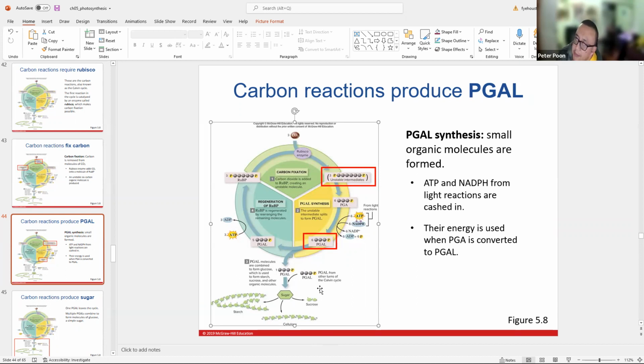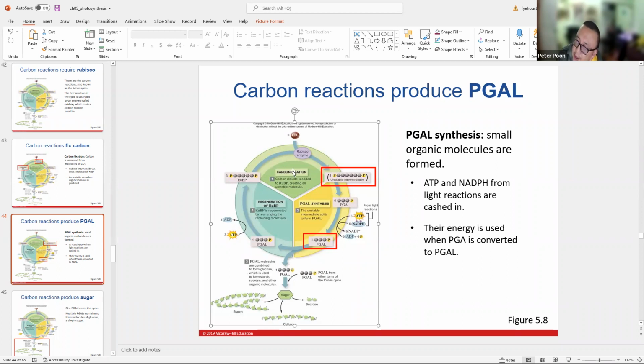I will take two of these, and 2 times 3 is 6, so we make a 6-carbon molecule, which I will turn into sugar. Every time I spin this around twice, I come up with two PGALs. Two PGALs eventually make one sugar.